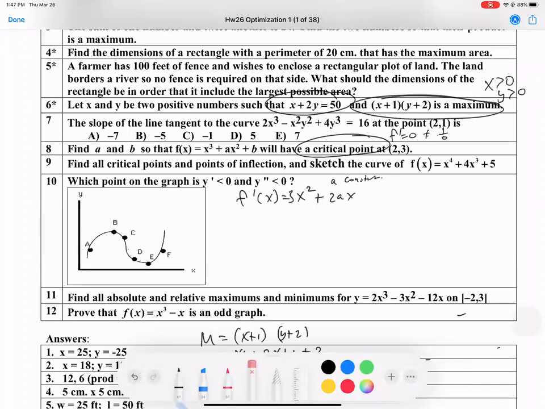And our goal is to make this equal to the slope. We'll have a critical point at 2, 3. So we want x to be 2.